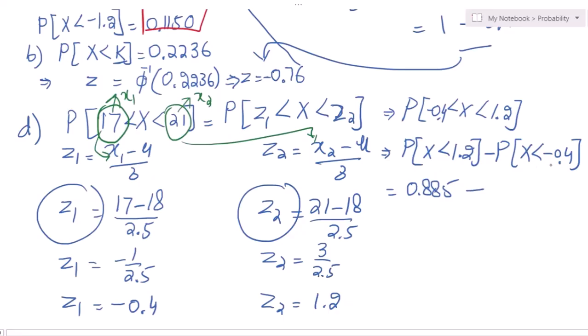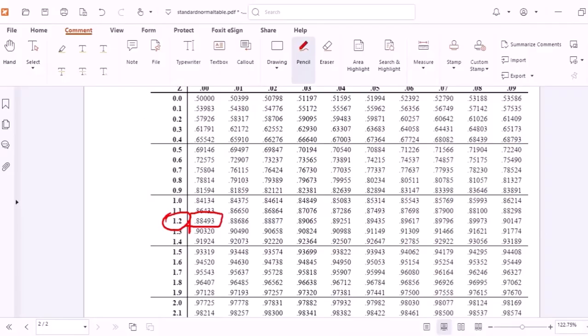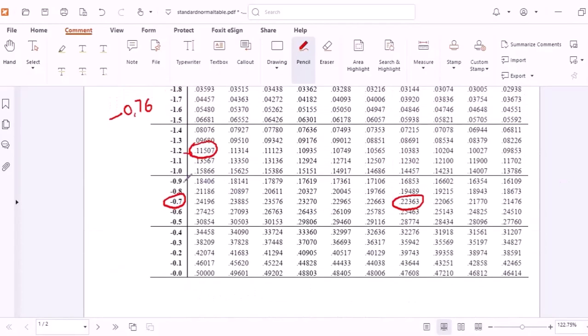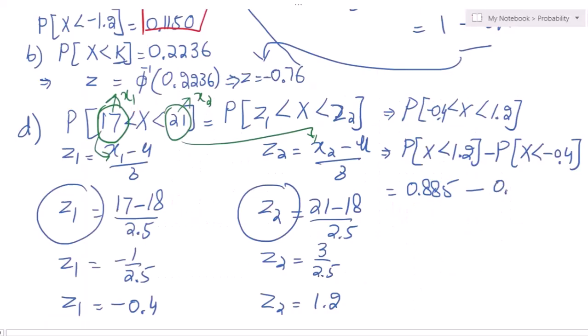Minus the probability that z is less than minus 0.4, and the corresponding value is 0.3358, so 0.336.